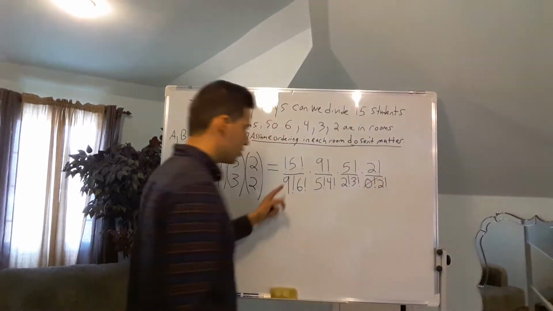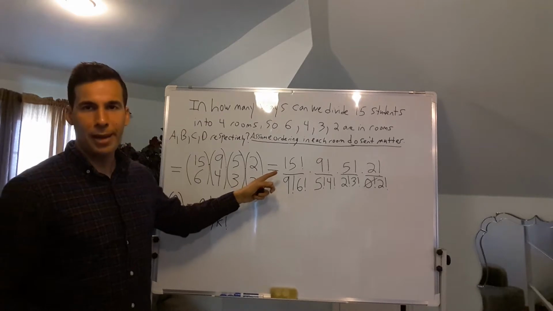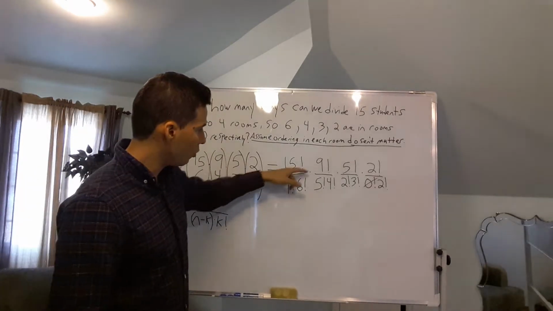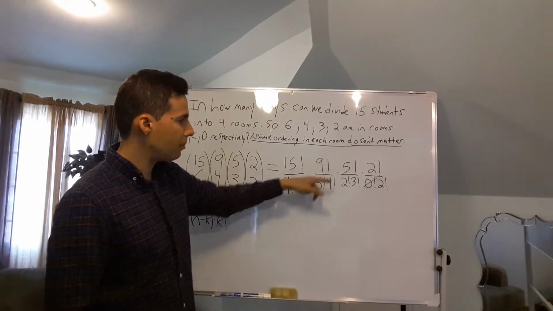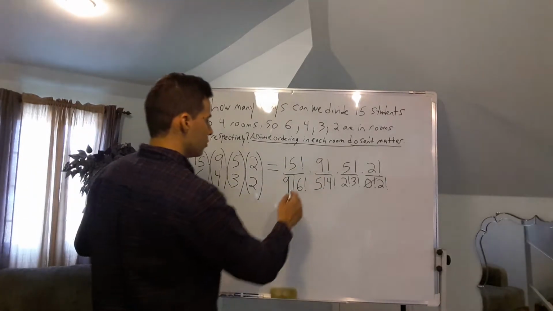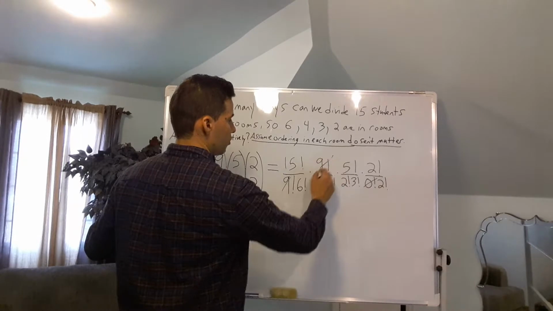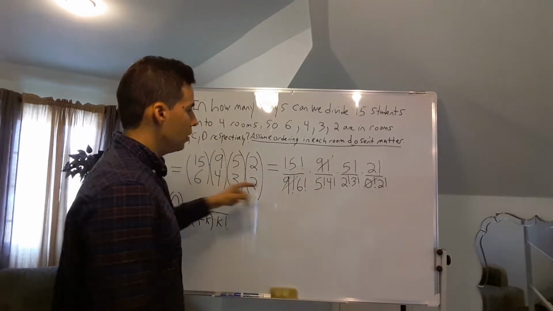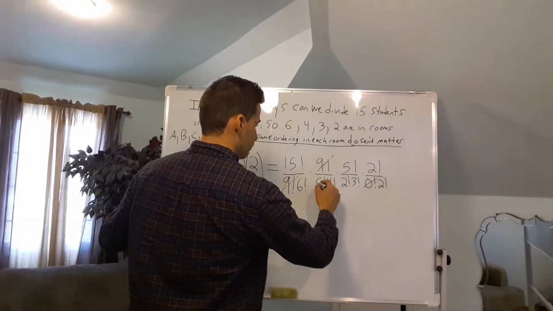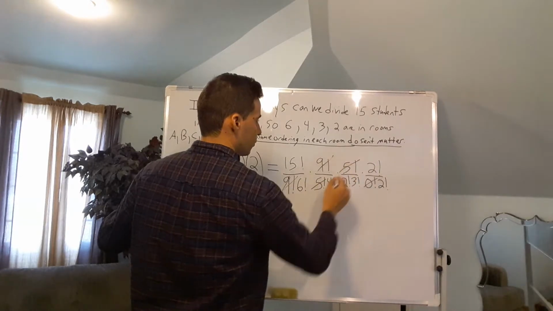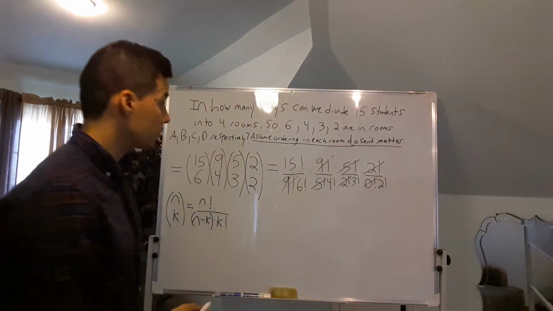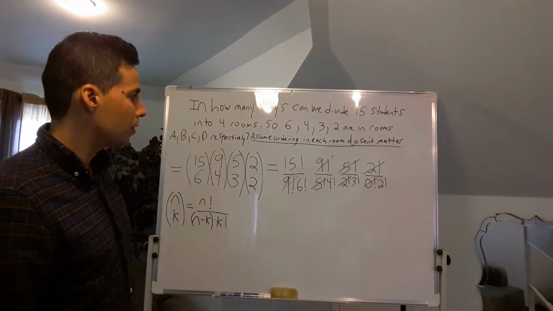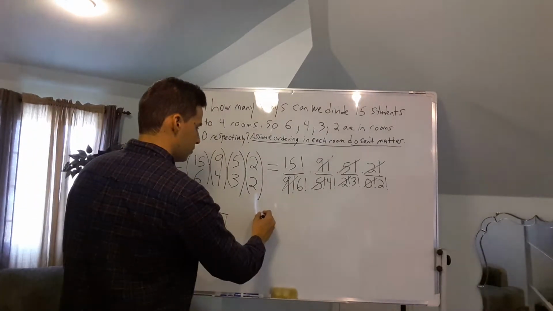Now if you notice, there's an interesting pattern here. A bunch of these factorials, we have the same factorials on the top as we have on the bottom. A bunch of them are going to cancel out. So the 9 factorials cancel with this one. 5 factorials cancel. These 2 factorials cancel. And that's it. So let's simplify what we have left.